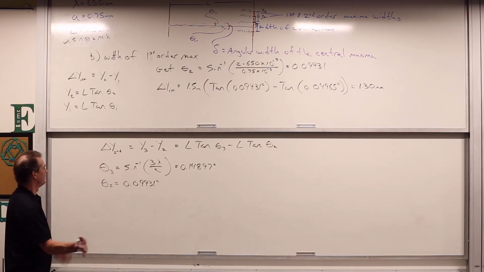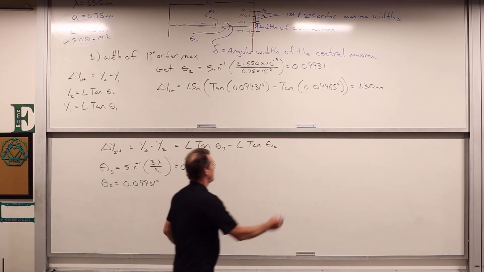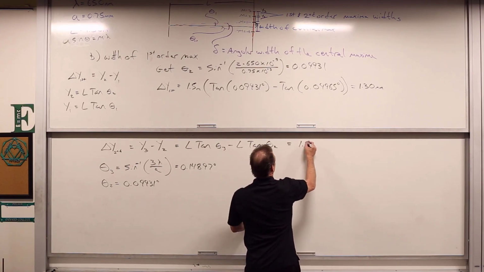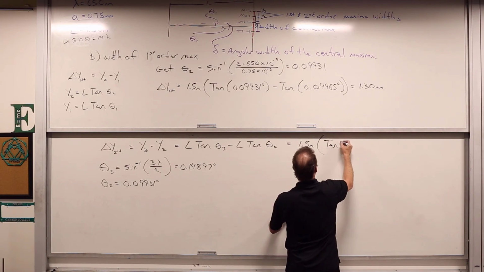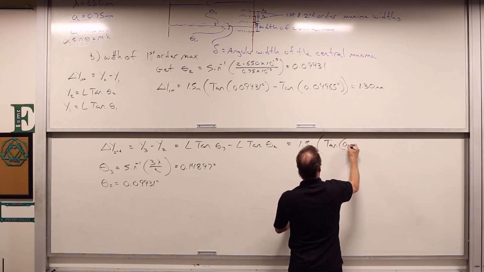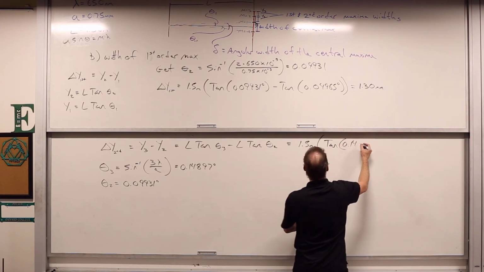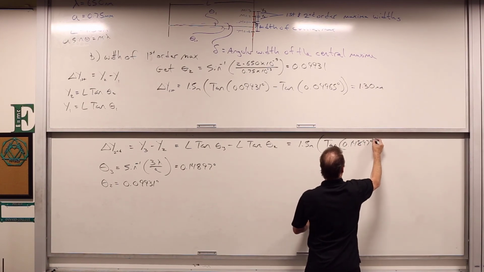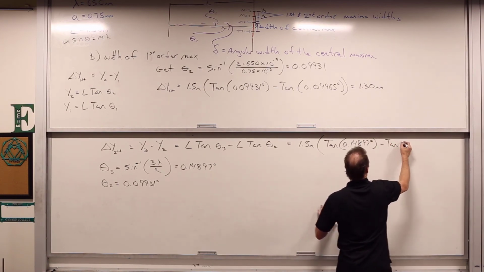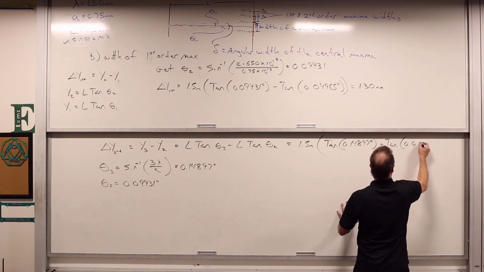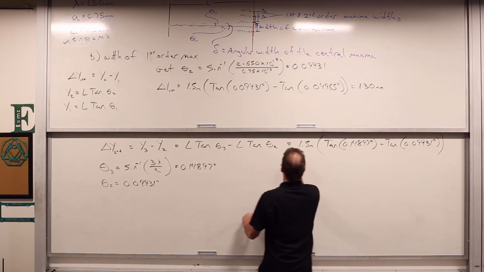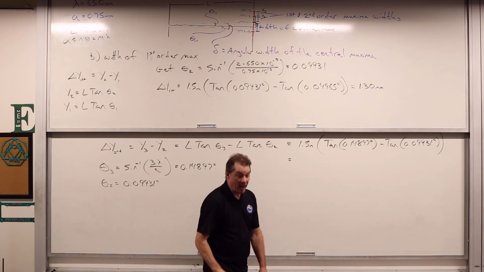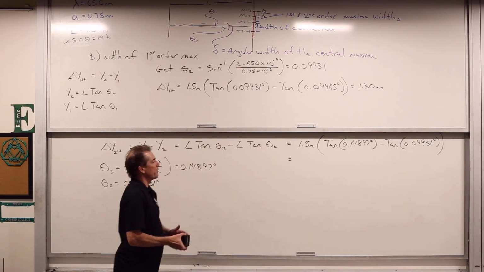And from there, let's go ahead and stick it in here. This is going to be equal to 1.5 meters multiplied by the difference of the tangent of 0.14897 degrees minus the tangent of 0.09931 degrees. And what's that going to end up being? That's right, 1.3 millimeters again.